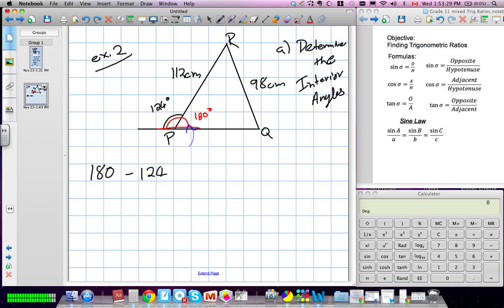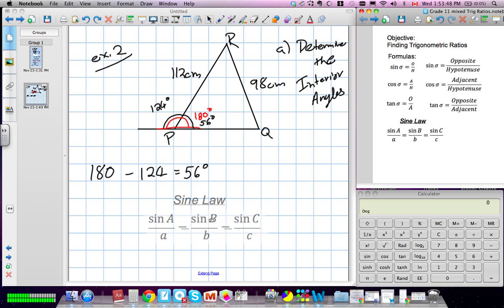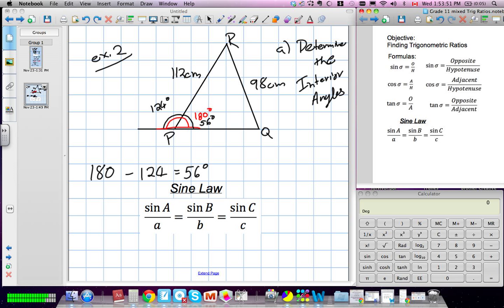Now that we have that angle, I can use my sine law to start to find other angles in this triangle. Now, I do have different letters for this triangle. It's called PQR. If you are knowledgeable enough to replace this with P and P, Q and Q, or R and R, that works fine. Or I can just rename the triangle ABC.